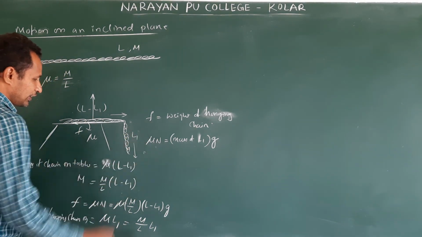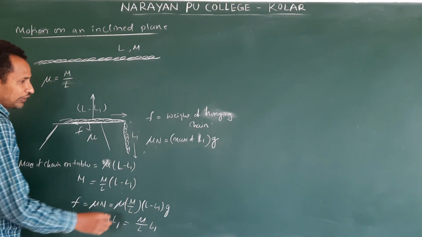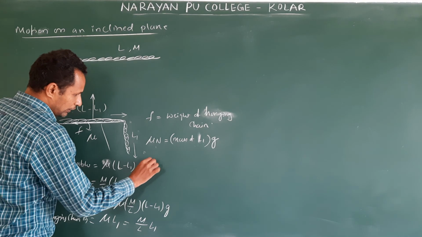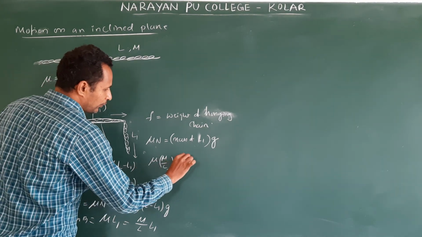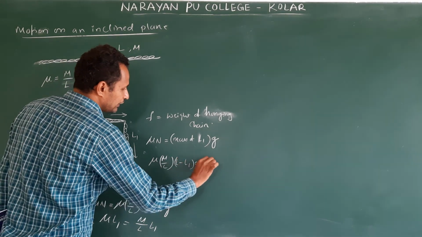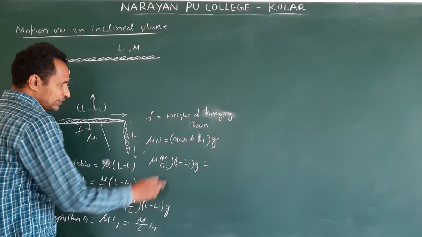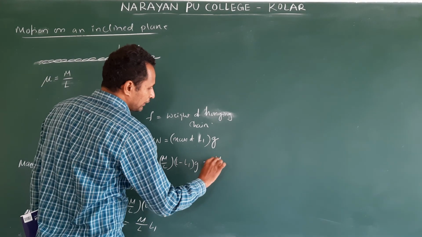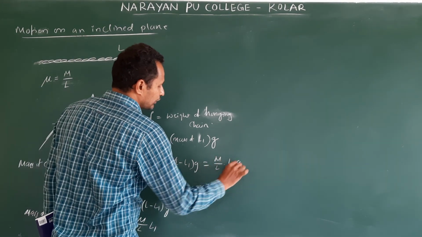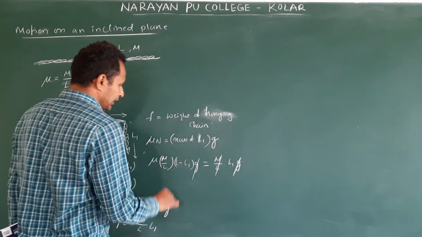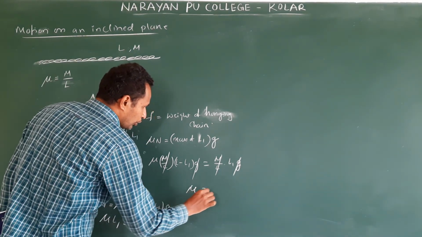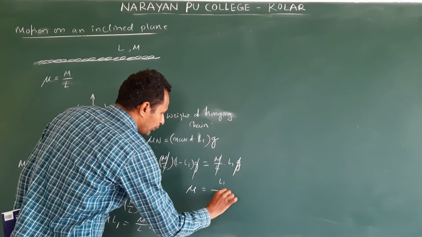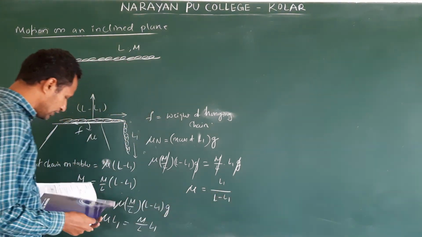Already we got the friction, that is mu into M by L into L minus L1 into g, is equal to the weight of the hanging chain, M by L into L1 into g. g cancels, M by L cancels. Mu is equal to L1 by L minus L1, right?